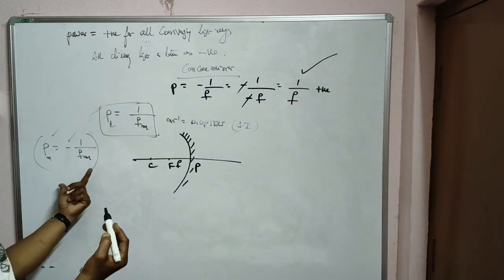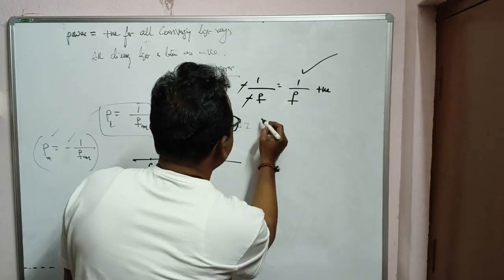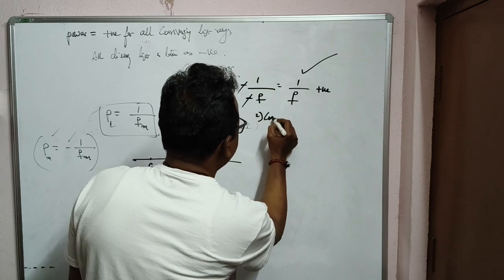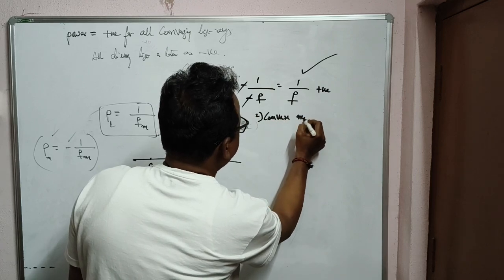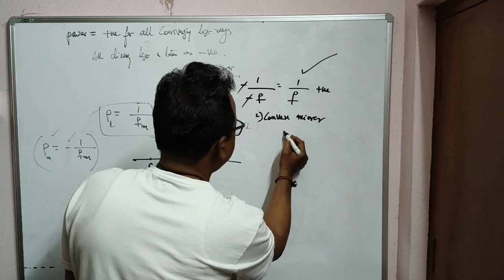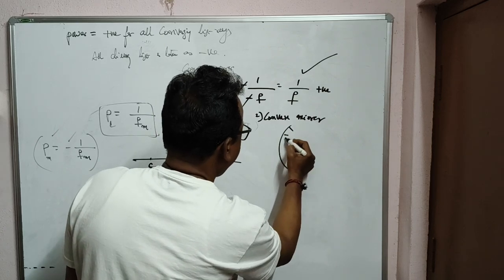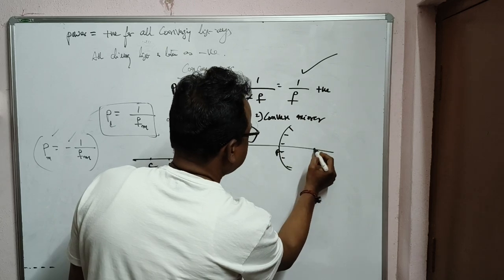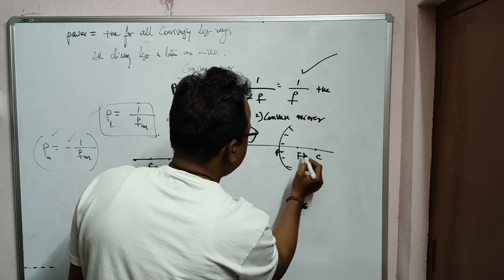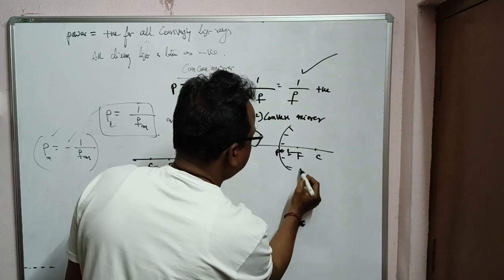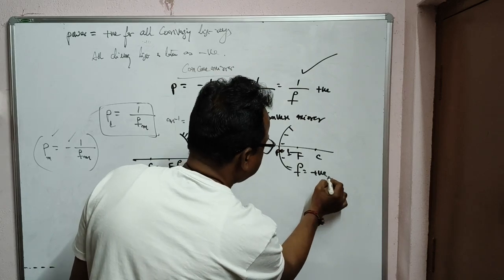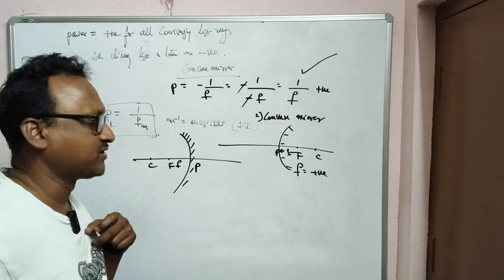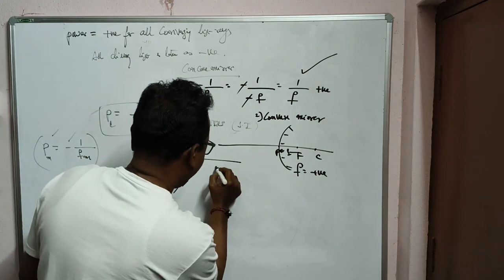Now let us check the second one, the convex mirror. In the case of a convex mirror, this is the pole, this is the center, and this is the focus. But in this case, you observe the focal length is positive. The radius of curvature is also positive. Let us check the formula.